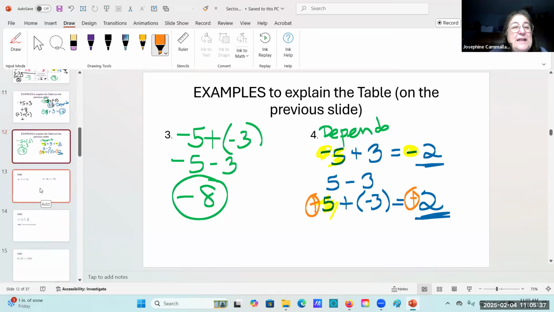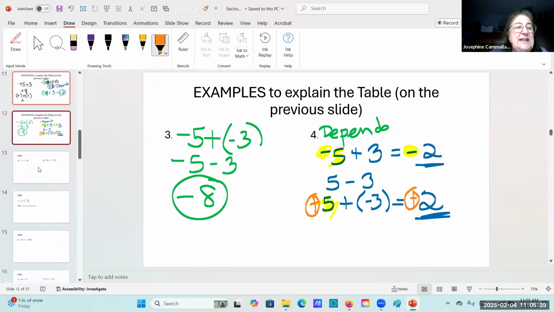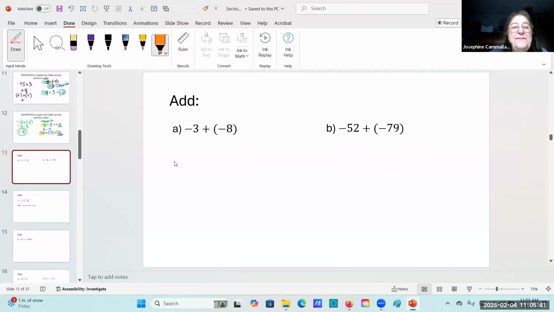Now, negative, negative. This sign and this sign are the same. So think about this as left 3 plus left 8, which is left 11, and left is negative.